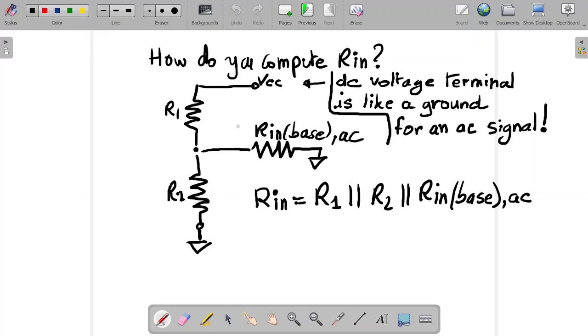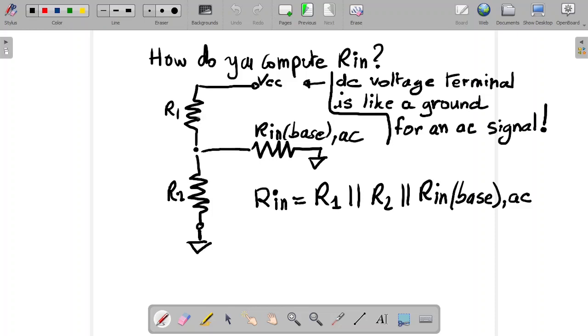Well, it's pretty easy. This is the setup. The source is somewhere here, it comes through here, and this is the base, the B. The current can go through three possible paths: the R1 path, the Rin base AC path, or the R2 path.